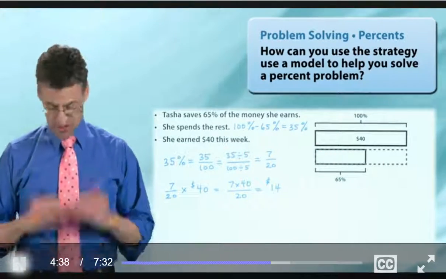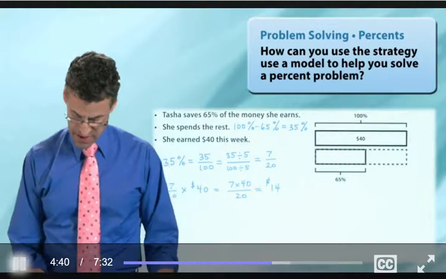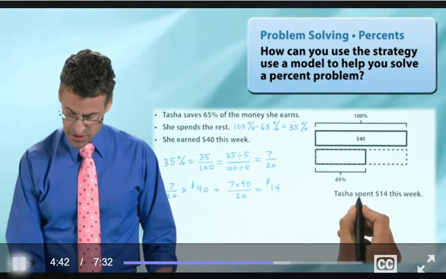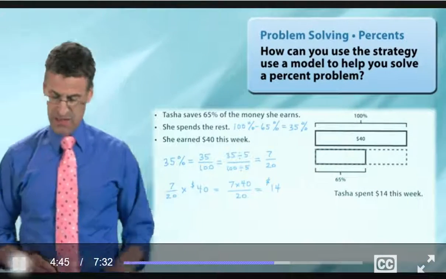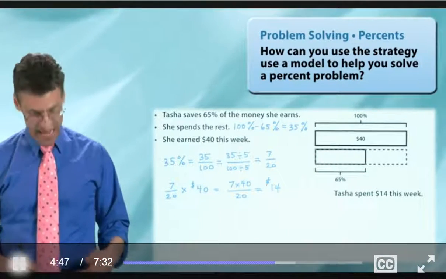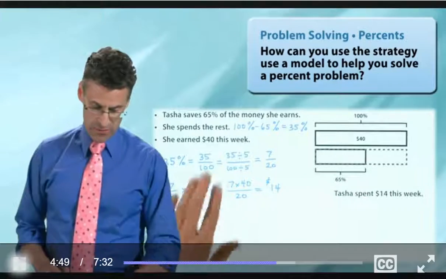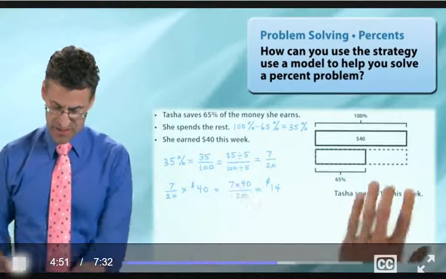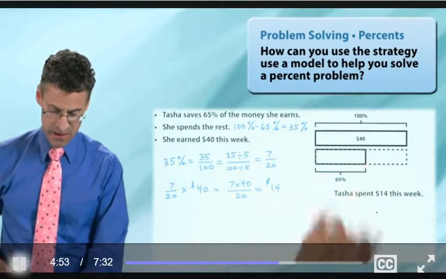We just figured that out. So that's awesome. So let's just first of all write that down, because that's a neat little fact that we have. So Tasha spent $14 this week. How much did she save? Well, if she made $40 and this is the amount she spent, then that's the amount she saved.